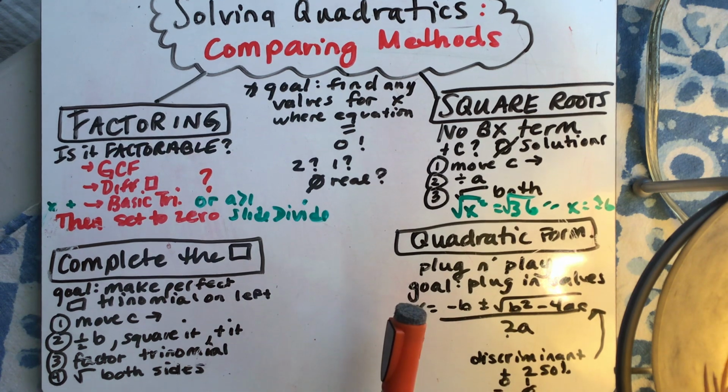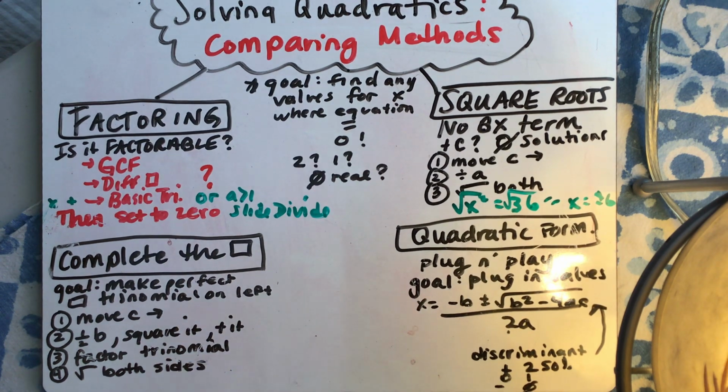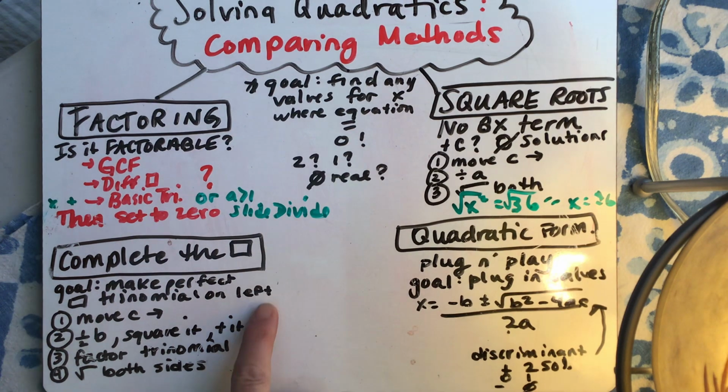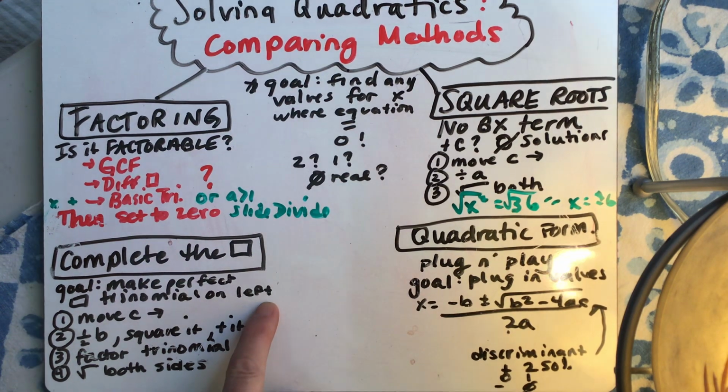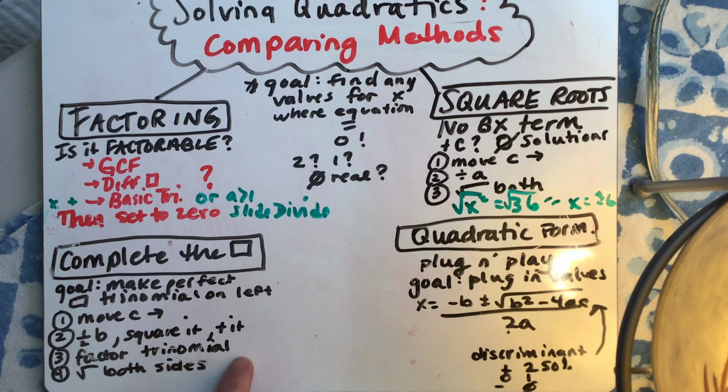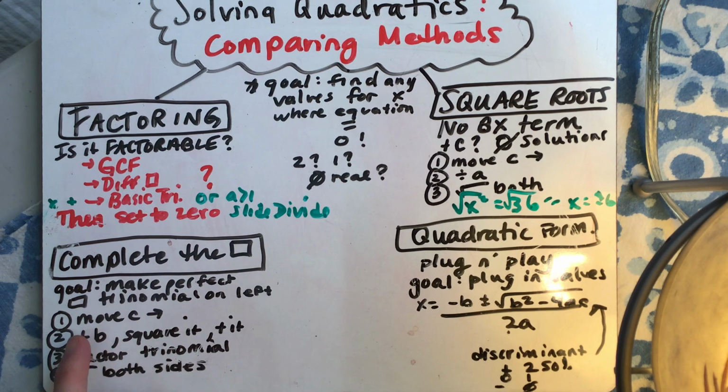Completing the square, that is one of our goals here, is to manipulate an equation, a trinomial. What you're trying to create here is a perfect trinomial on the left side. That takes a little more effort. And there are visual ways to do this I can teach you later, but this involves a little more work.